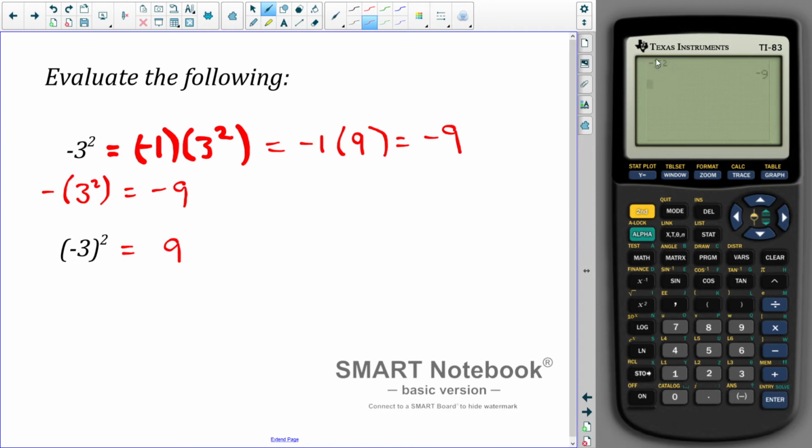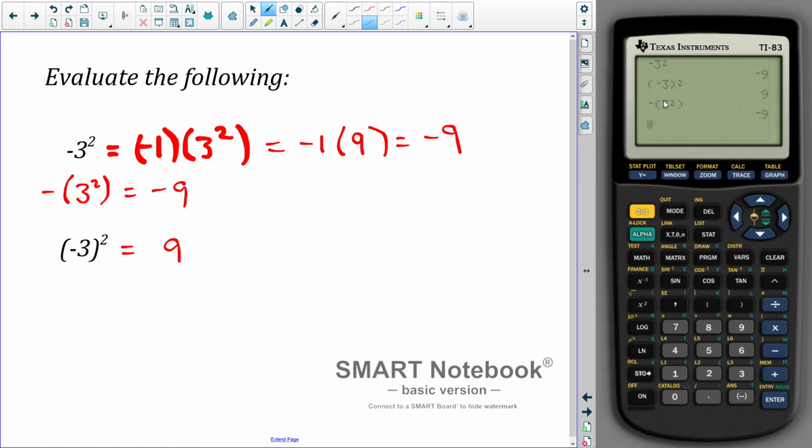If I actually meant that I wanted the negative 3 to be squared, negative 3 times negative 3, I would want to put parentheses around that. Negative 3 squared. So that would give me 9. Okay, if I wanted to be, again, clear, I could say negative and then parentheses 3 squared. Okay, that would give me negative 9.